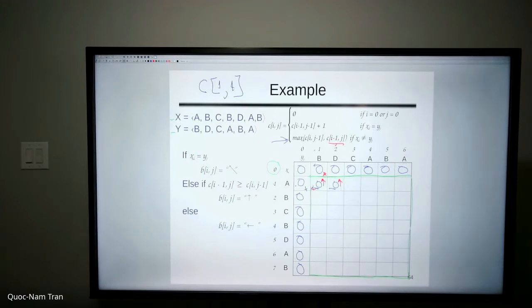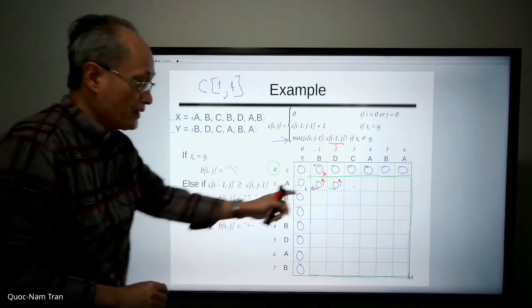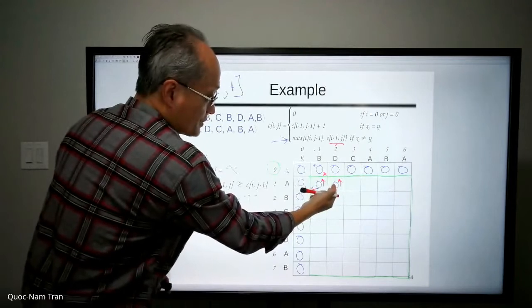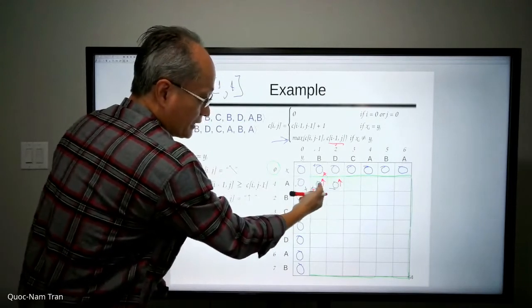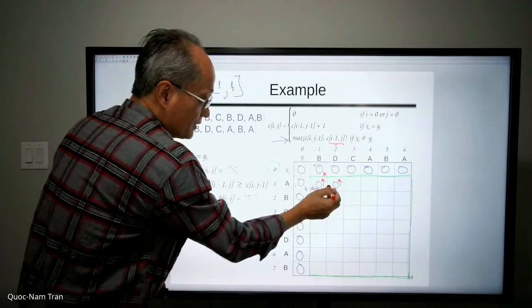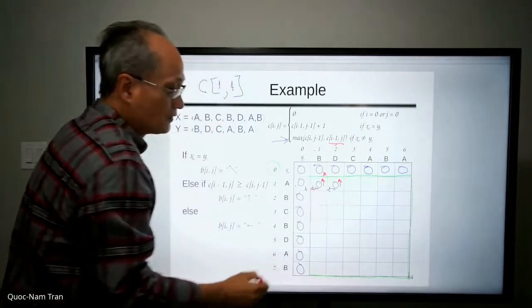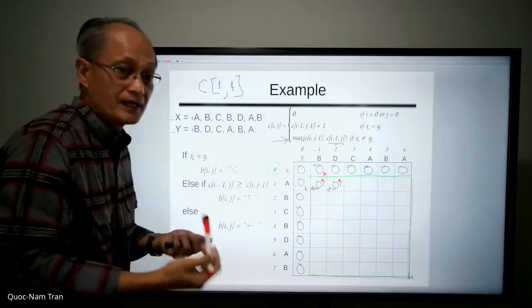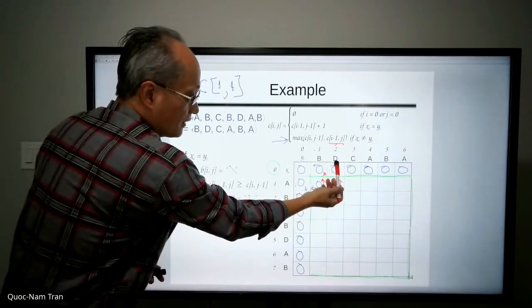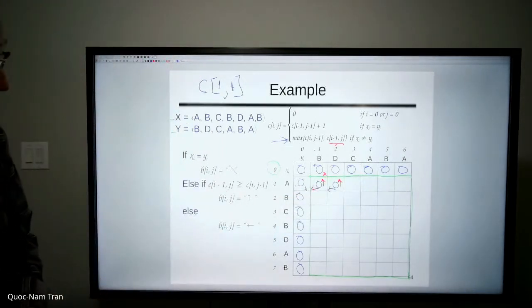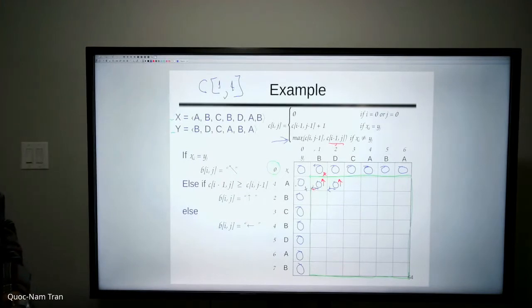The value here is still 0 because we compare the upper and the left; they're the same. So the bigger one is still 0, but we obtain it by using either the upper or the left cell. Same thing here. If we go one step further, we would have this.